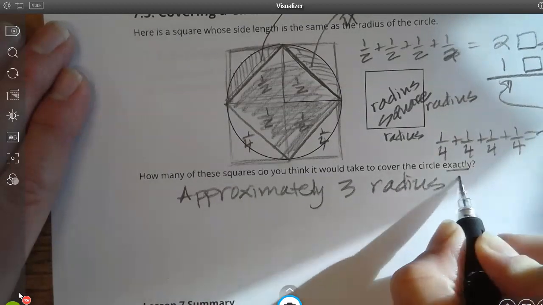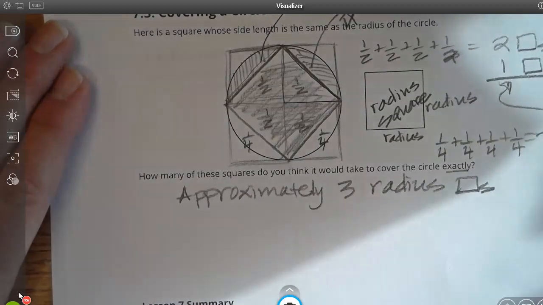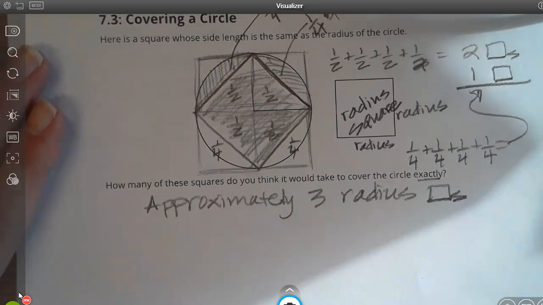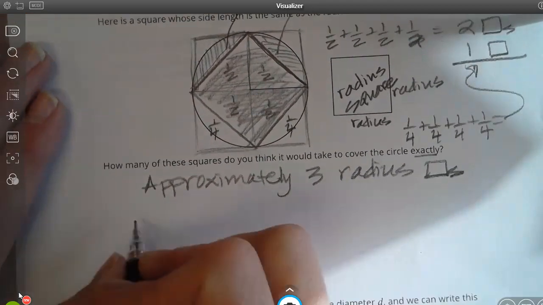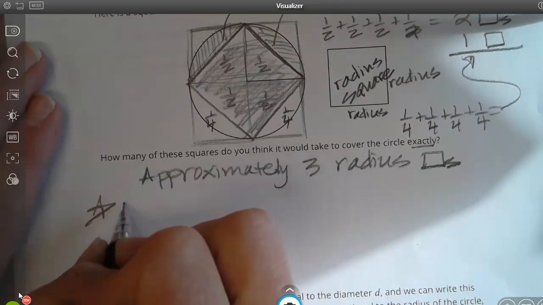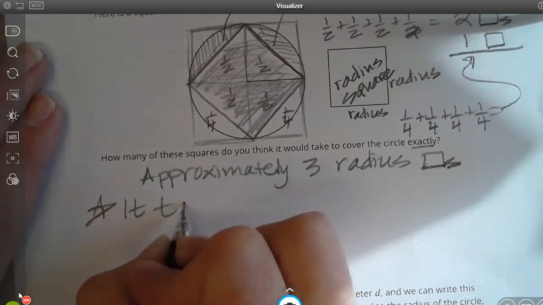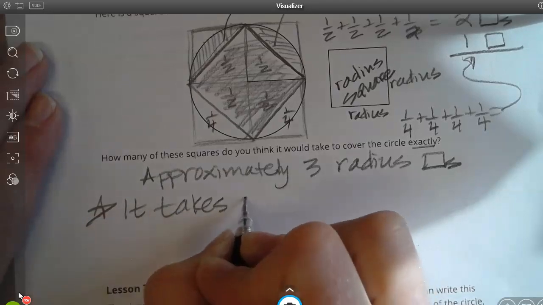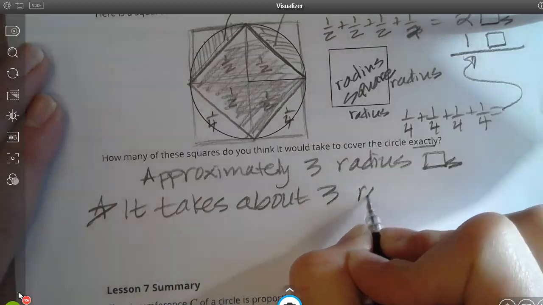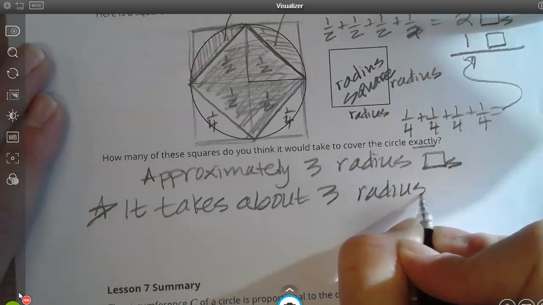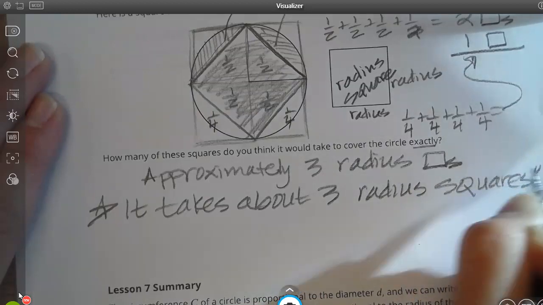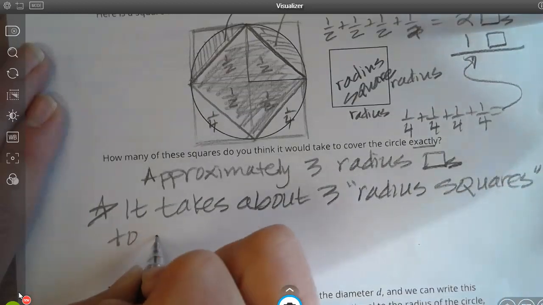Well, what number in math is approximately 3, or a little bit more than 3? So we need to take a moment and jot this down, that it takes a little more than 3, or about 3 radius squares to cover a circle.